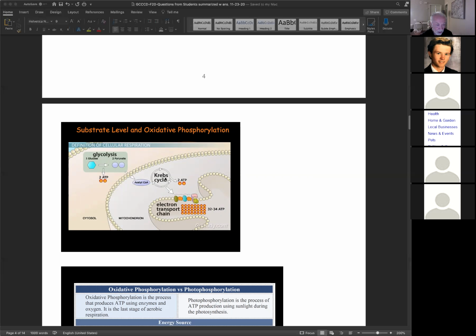The Krebs cycle then generates a little ATP, but what's more important is the electron carriers that it generates and the electron transport chain in the inner mitochondrial membrane coupled with, and this little diagram here always indicates chemiosmosis. Those two together generate 32 to 34 molecules of ATP.